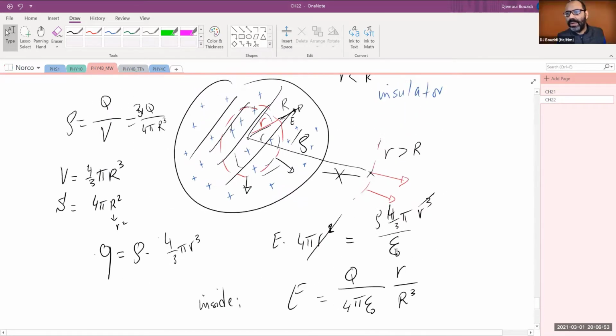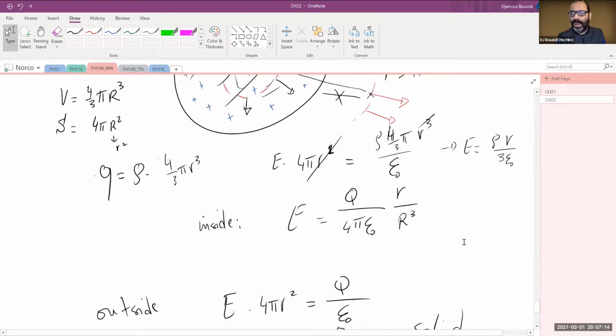If we simplify, then E will simply be equal to rho r divided by 3 epsilon naught. So this is in terms of rho.